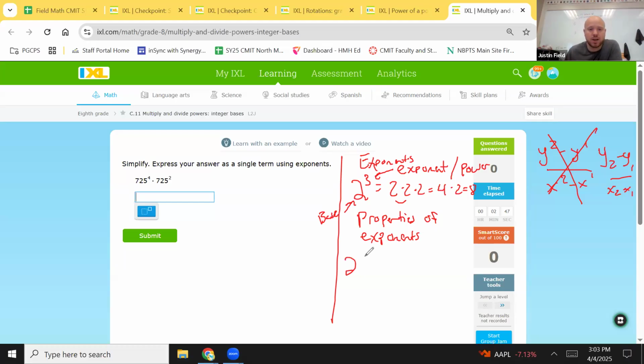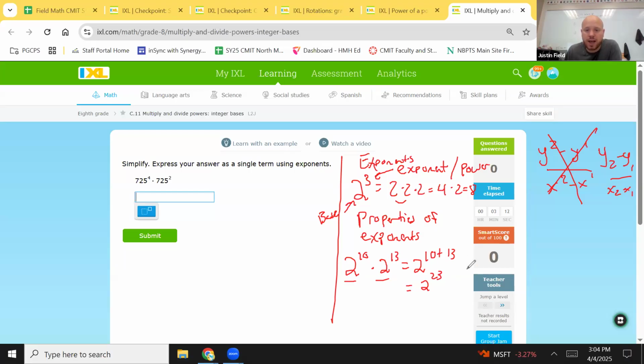Let's say that we have 2 to the 10th power times 2 to the 13th power. If you have the same base, then you can just write the base one time and you can add the exponents. So 2 to the 10th times 2 to the 13th is 2 to the 23rd power.